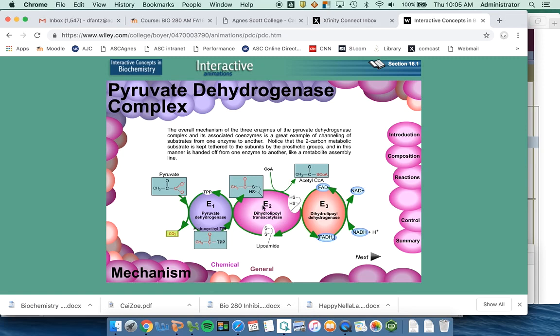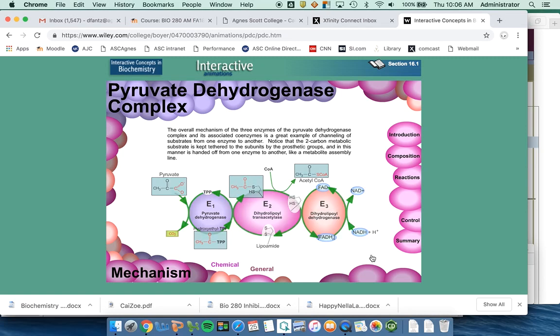TPP passes those 2 carbons onto our lipoamide. The lipoamide passes those carbons onto our acetyl-CoA. And then this lipoamide is reoxidized to form the cyclic form by reducing FAD to FADH2, which then passes those electrons from NAD to NADH.